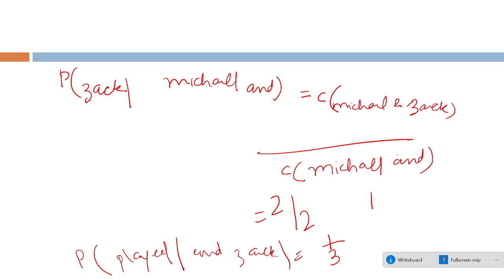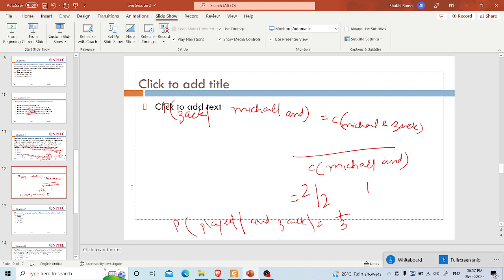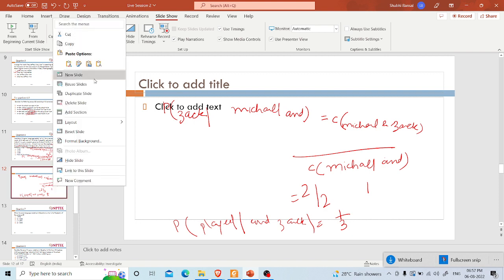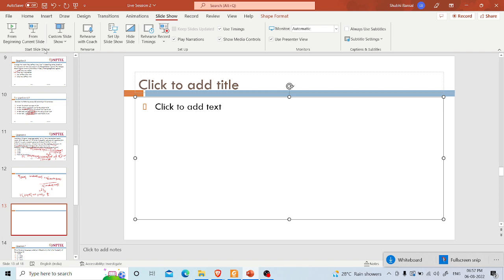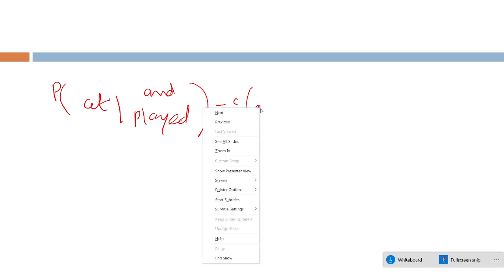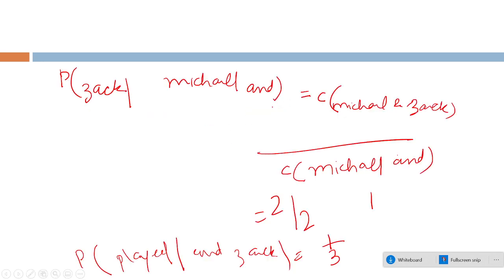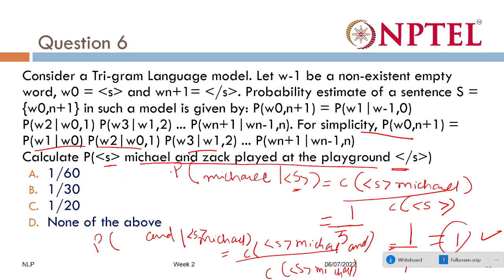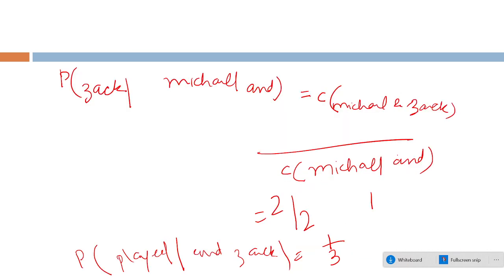And what if we are to calculate the probability of at given Zach played? So we are also to find at, Michael and Zach played at the playground. So you are to find this.